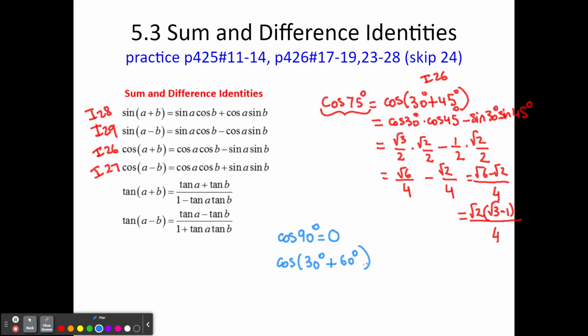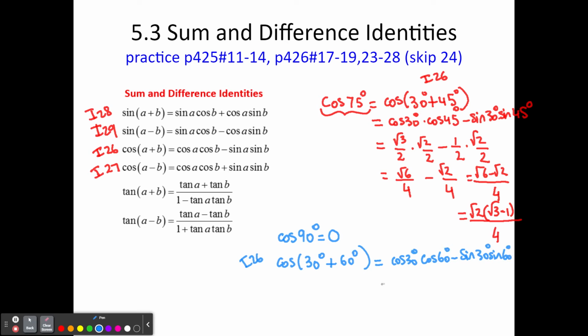You can, but you won't be able to use the unit circle because 20 and 70 are not remarkable. So I'm going to apply the same identity, which is identity 26. So cosine, cosine, minus sine, sine. Sine of the first, sine of the second. And degree signs on all of them.